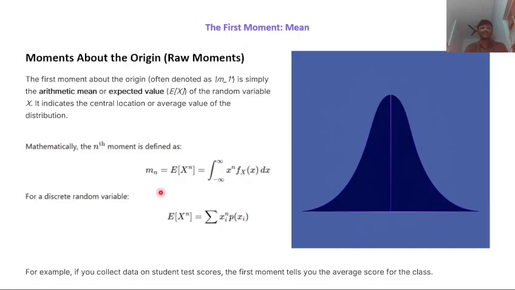For a discrete random variable, E of X power n is equal to summation of xi power n into p of xi. For example, if you collect the students' test scores, the first moment gives the average of the class.